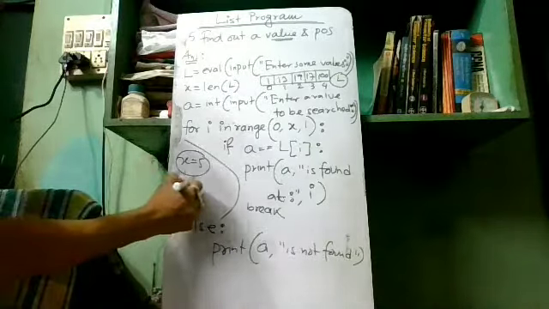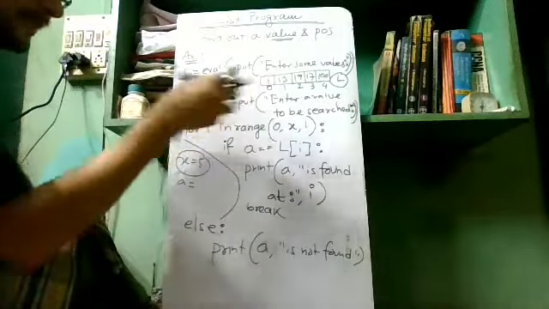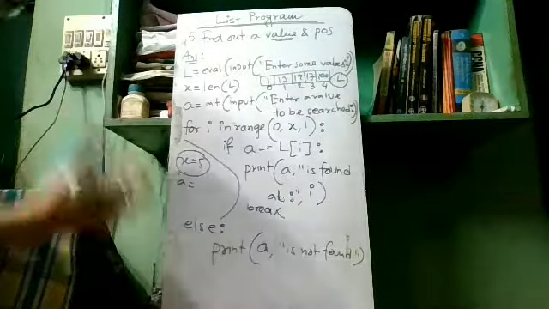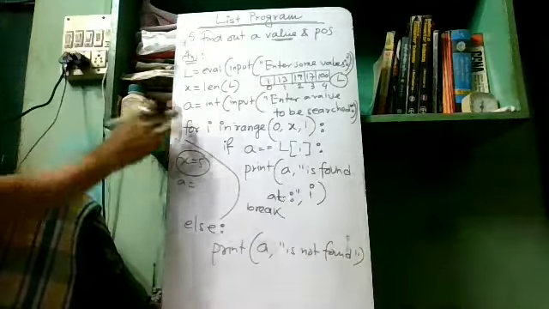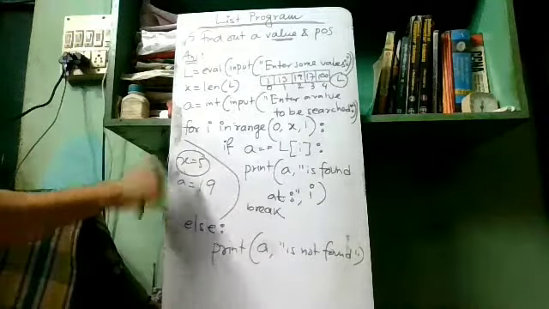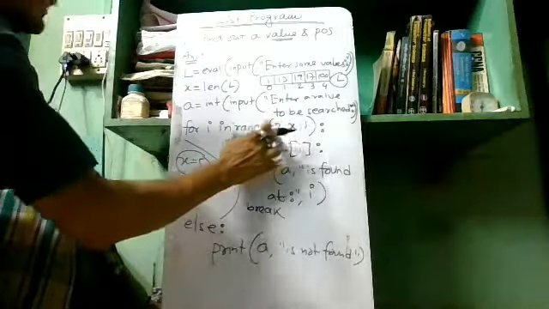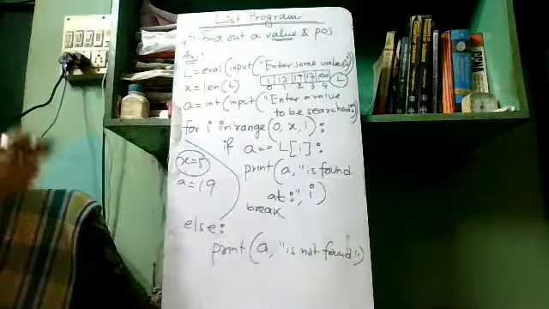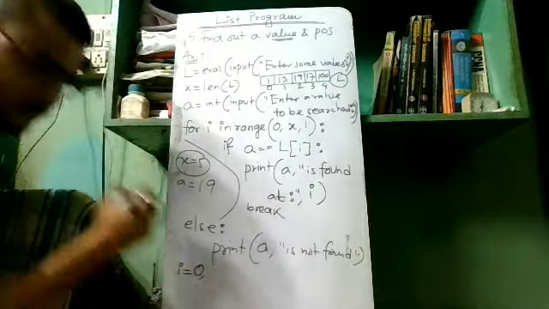Now suppose we are asking user to give a value that will be searched within list. User has given, suppose, 19. This 19 will be searched. So for I in range(0, x, 1), that means I will be starting from 0.